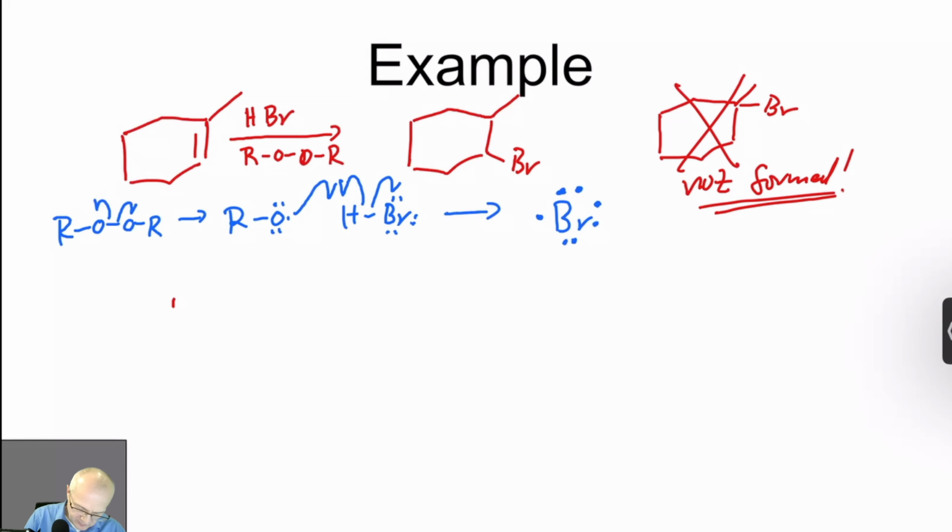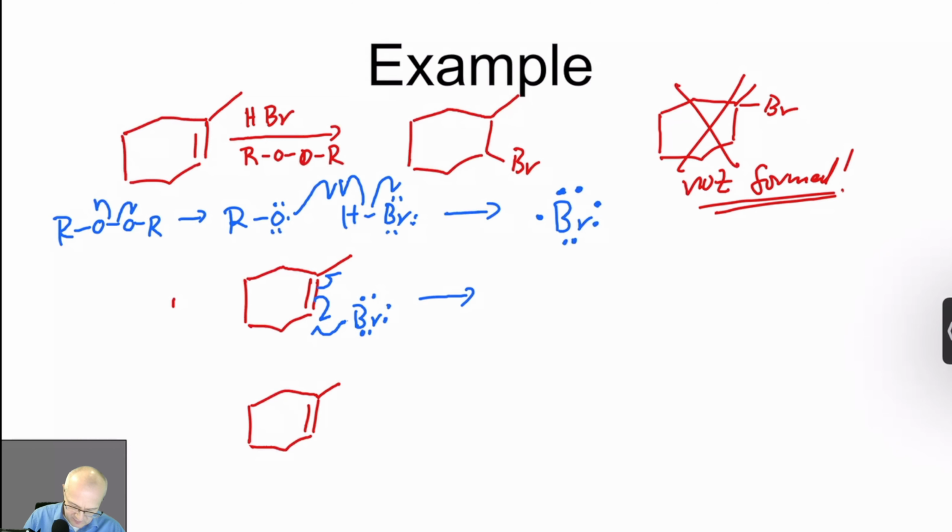So now, let's draw two distinct reaction pathways here. Only one of them is going to work. One of them will give us a more stable intermediate. So this one, the bromine, will attack from the bottom to give us this particular radical.